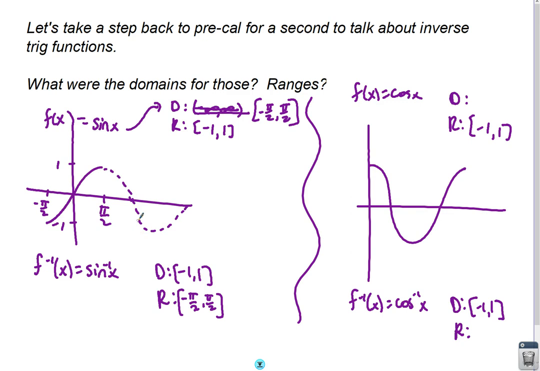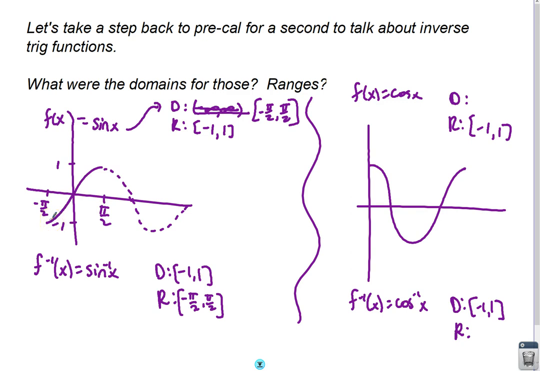Math people are inherently lazy, so to make it a little more efficient, rather than having this piece and this piece over here, we said, okay, these y values are exactly the same as the y values back here. So instead of having two separate pieces, we just said, let's go from negative pi over 2 to pi over 2, and that's going to take care of all of the y values that we need.